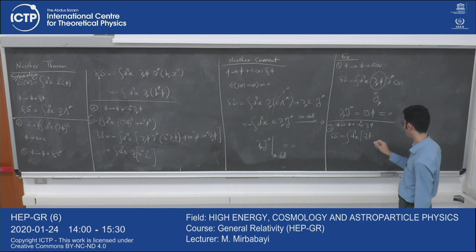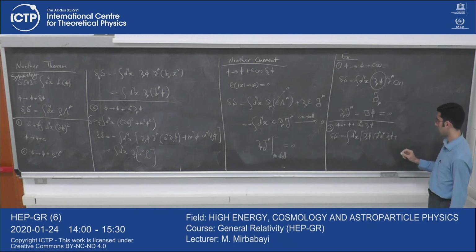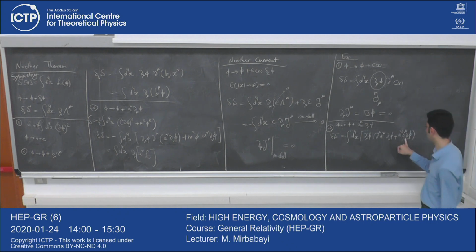So here there will be two terms. There will be d mu a mu times d mu phi, because now the derivative can act on a mu, and then the other term would be a mu d mu phi. This is what we had before.